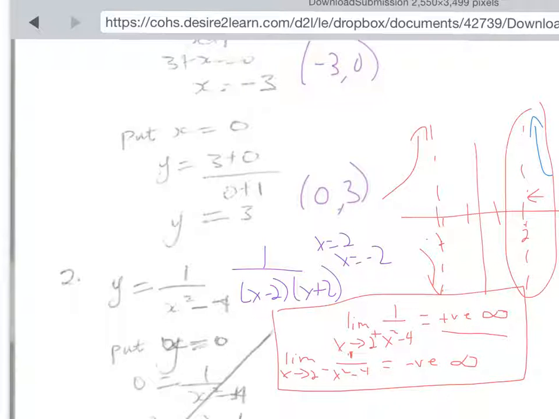If we put a value slightly less than 2, so that we're approaching 2 from the left of the graph, then we get a negative value, and that tells us that our graph is approaching negative infinity as it gets closer and closer to the line. So that helps us to get an idea of the shape of this graph and what it's going to look like.